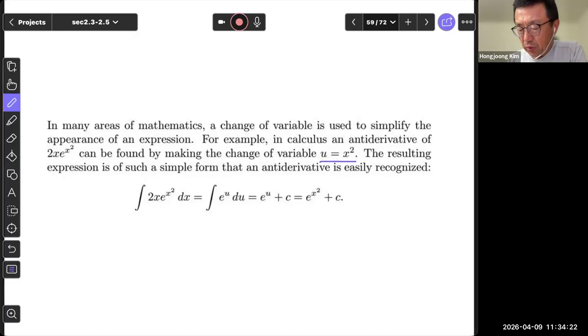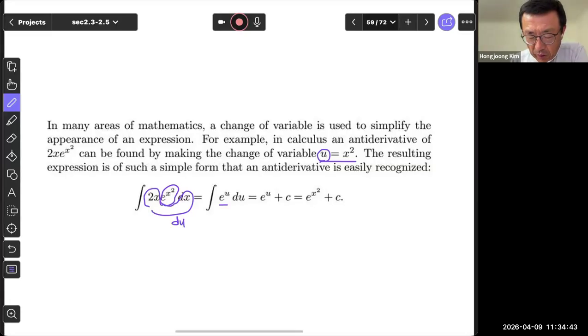So if I introduce a new variable u to represent x squared, then e to the x squared can be simplified to e to the u, and 2x times dx will be du, right? I mean, if you are not certain, when u is x squared, then du dx is the derivative of u with respect to x, which is 2x.